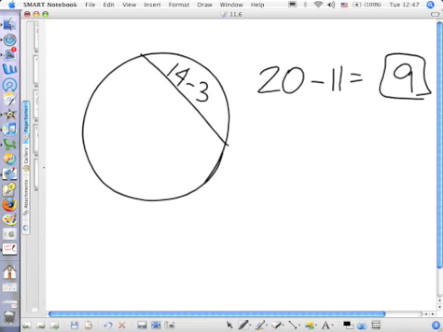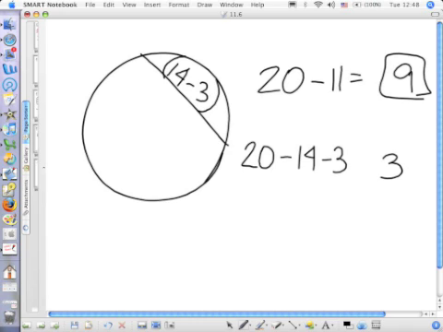Now let's pretend that we didn't know what 14 minus 3 was, and I don't put 14 minus 3 in parentheses. I just put a minus sign and 14 minus 3. Do you still get 9? No. You get 20 minus 14 is 6, and 6 minus 3 is 3.